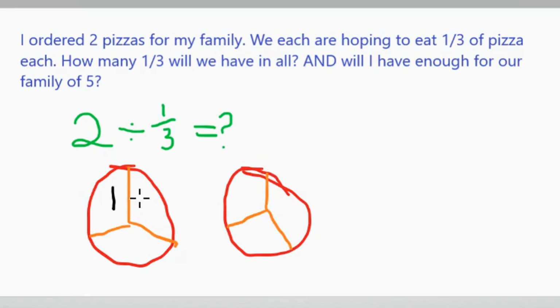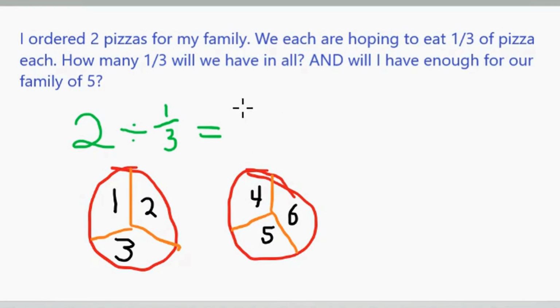We have 1, 2, 3, 4, 5, 6. And there we have it. We have the exact same answer. So 2 divided by 1/3 is 6. And that's our answer. And the second part of the question is definitely a yes. We will have enough. Delicious.